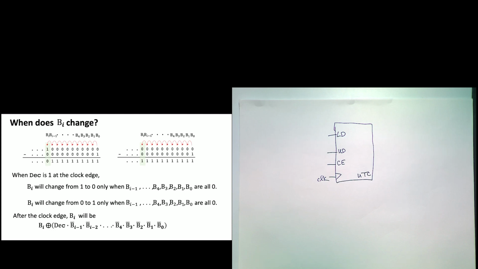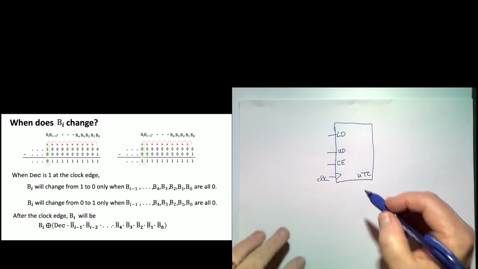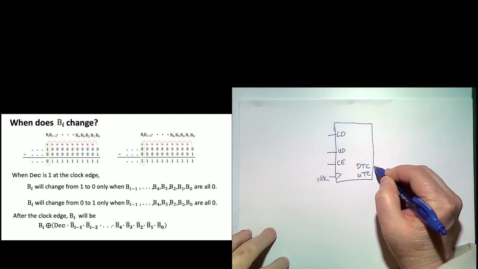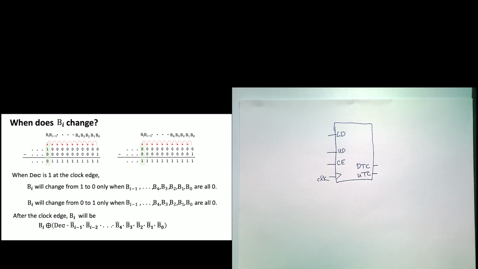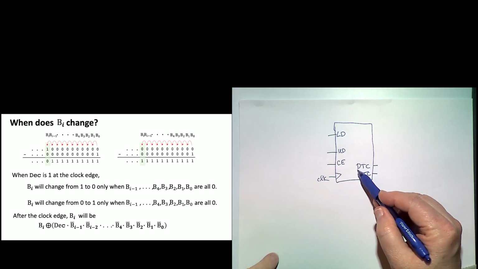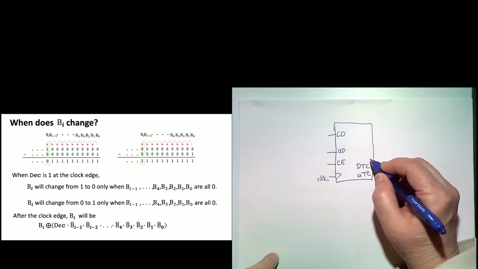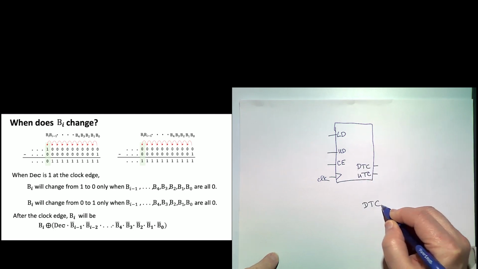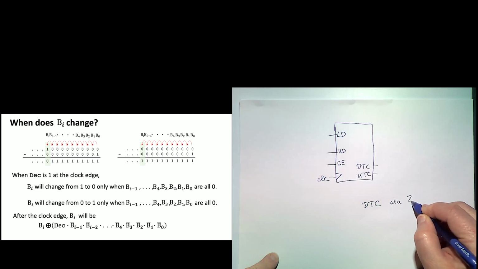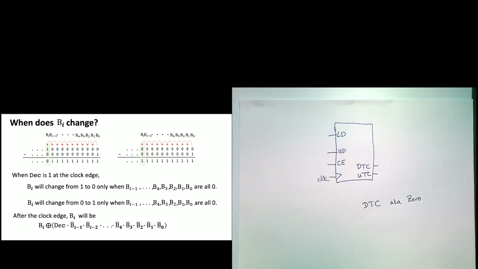When you're counting down, you need to know when you're about to go from 0 to 15 or 0 to 31. So this is the down version, or DTC, also known as 0. Basically, it tells you when the counter's at 0, so that if you count down, you know you're rolling over, or rolling under, if you like.